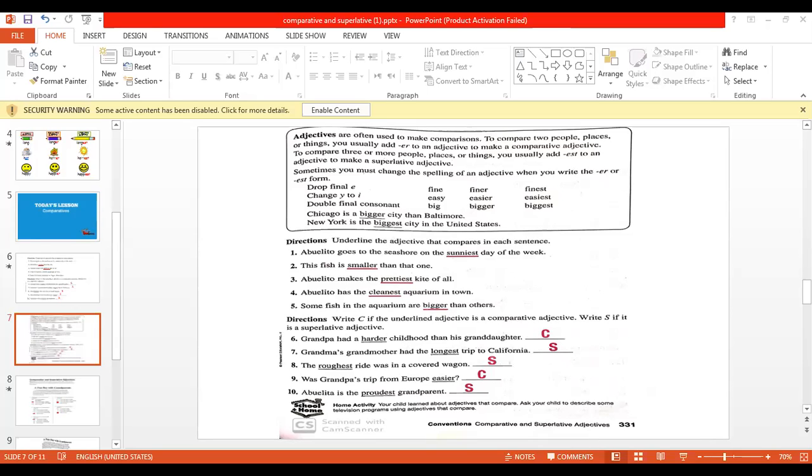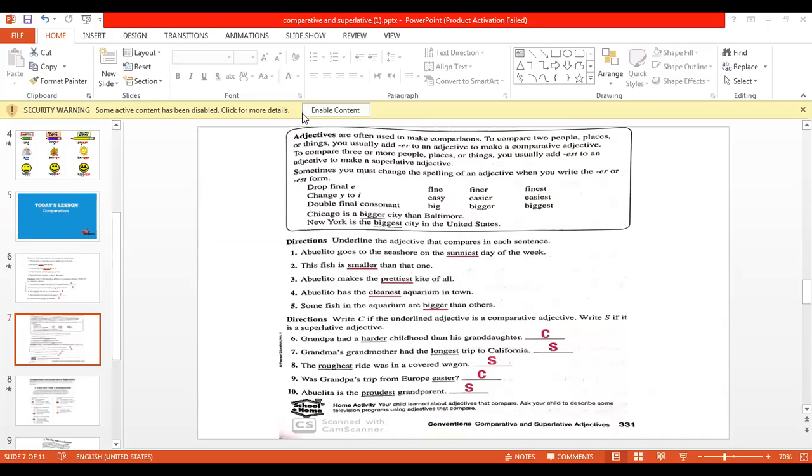Good, Sarah, excellent. What do we call a comparative adjective? Comparative adjective. Compare between how many people or things or a place? Excellent, Ghazal. Comparative between two.